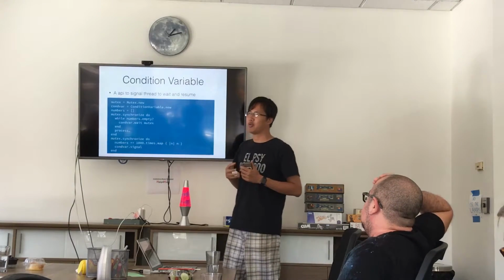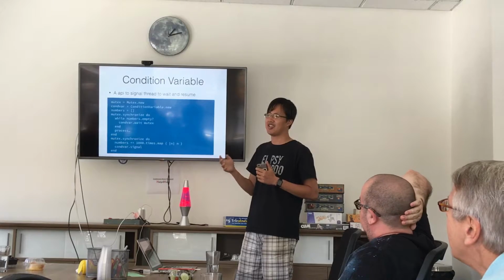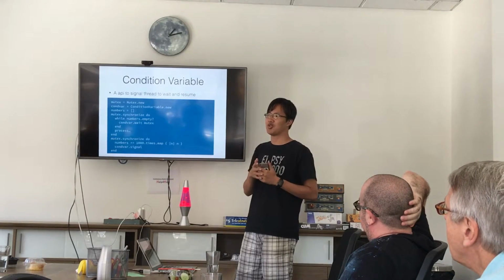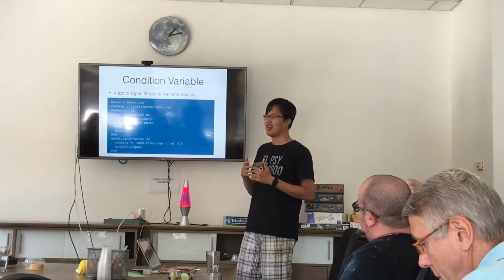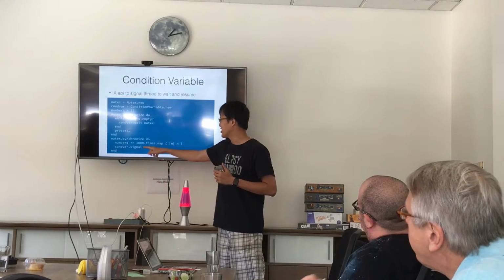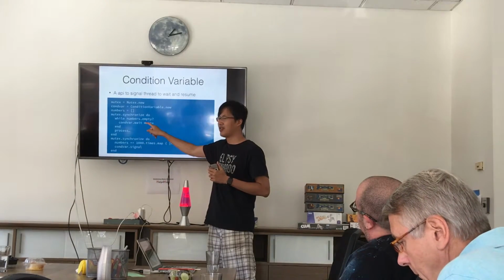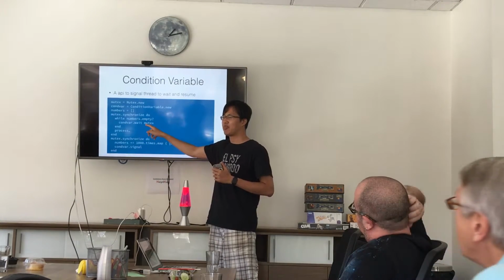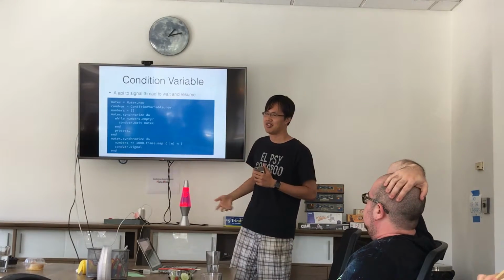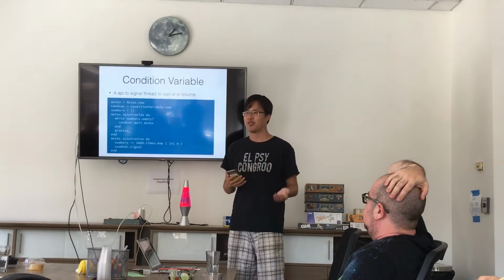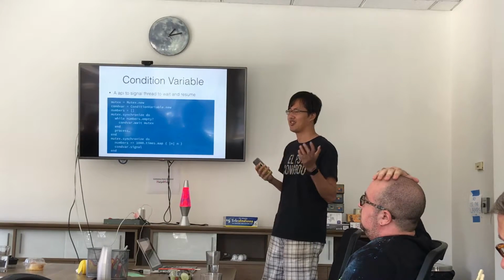When you call wait, you release the lock and tell the CPU to schedule another thread to replace it until somebody signals it. Then it says, okay, somebody woke me up, and it goes back and continues the process. So the condition variable is a way to signal different threads and release the lock to wait.